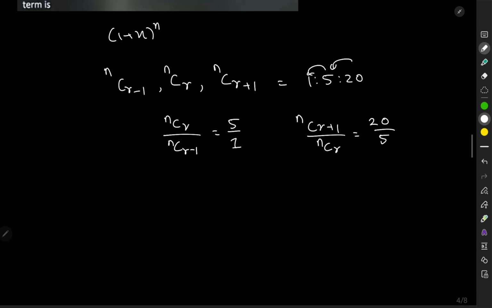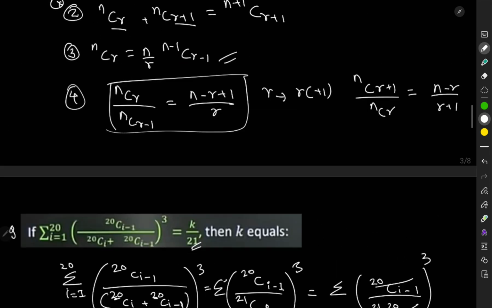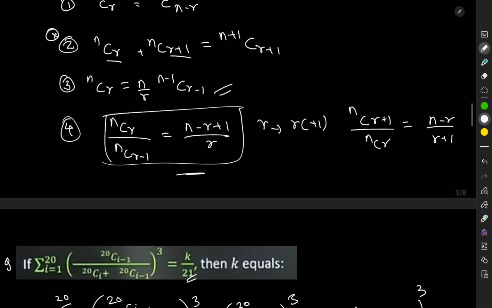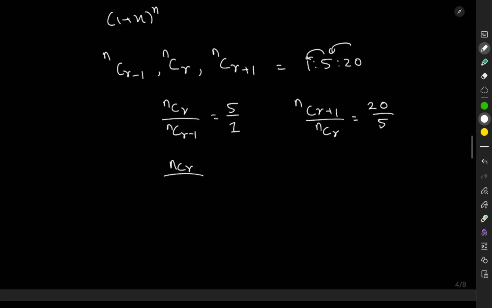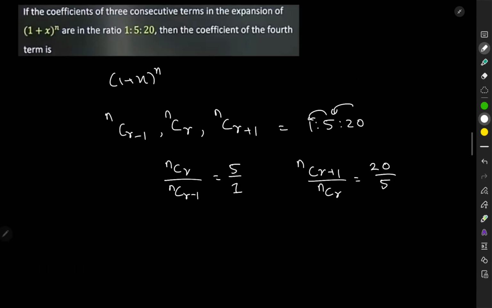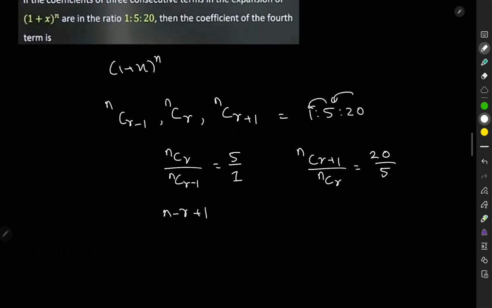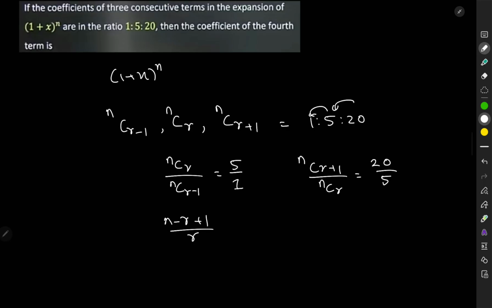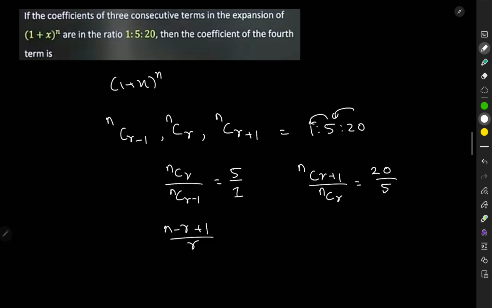Now let us solve this. We should just use this equation, n minus r plus 1 by r. So n minus r plus 1 by r is equal to 5.